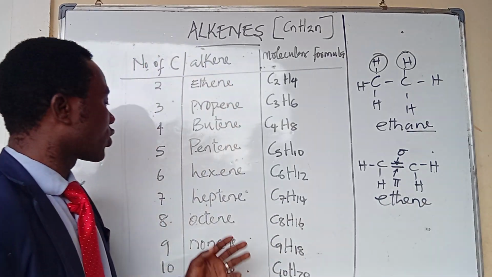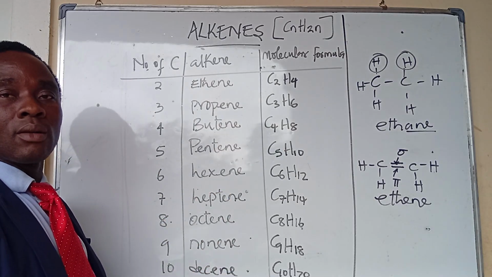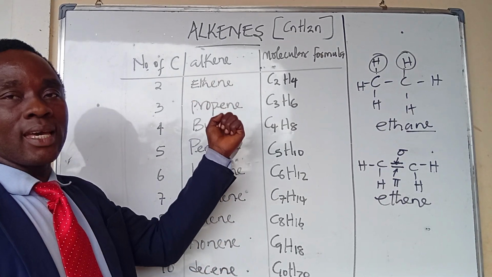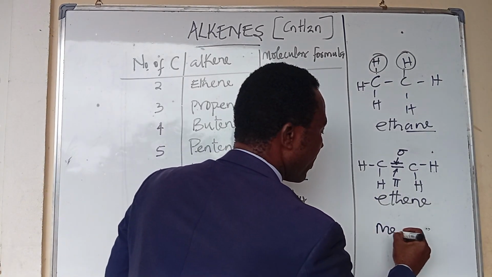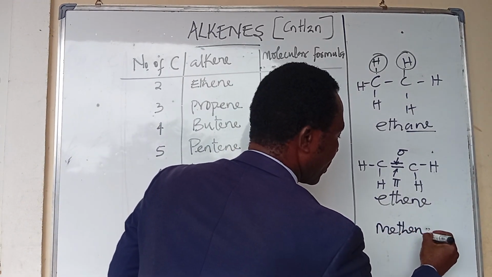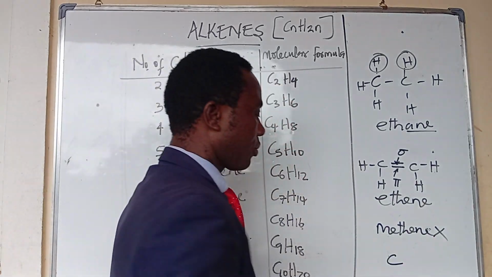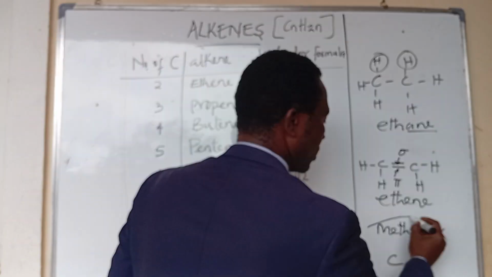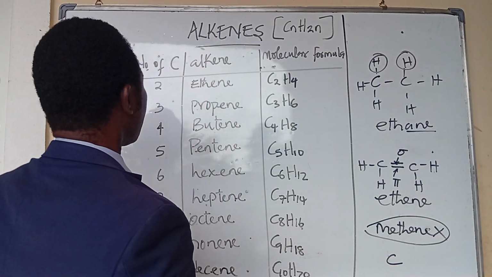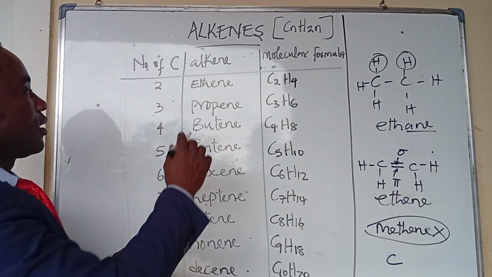Now, let us look at the first members of alkenes. The alkenes do not have methane as the first member, because one carbon atom cannot form a double bond. So we don't have methene.